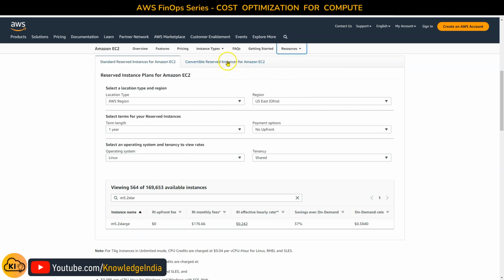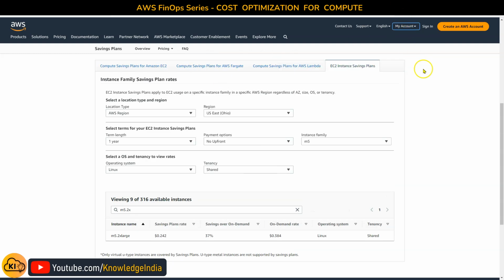Now, if you compare the convertible one for a minute, the convertible reserved instance, where you have the flexibility to change the instance family and all, there you will be saving 27%. Of course, the saving is lesser than this one because you have more flexibility.